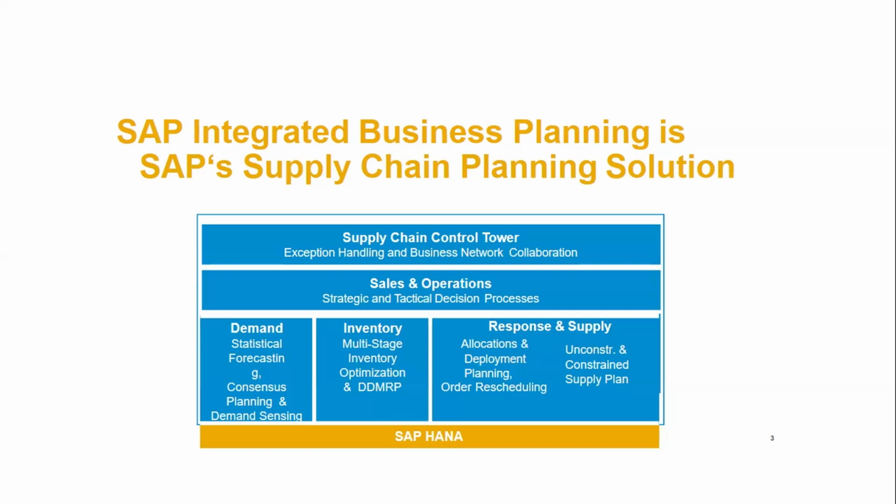So at a high, broader level, you can say S&OP covers the majority of the processes. But if an organization wants to implement a sub-process specific to demand, inventory, or supply, you have the flexibility. And as Parminder mentioned, all those planning results can then be closely integrated with S/4HANA, right?